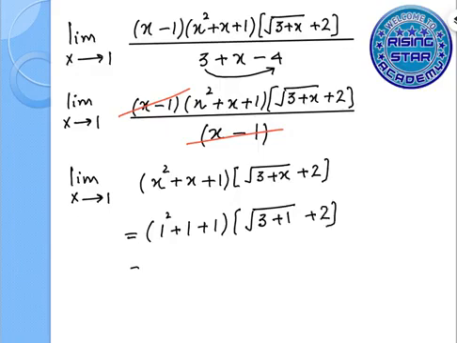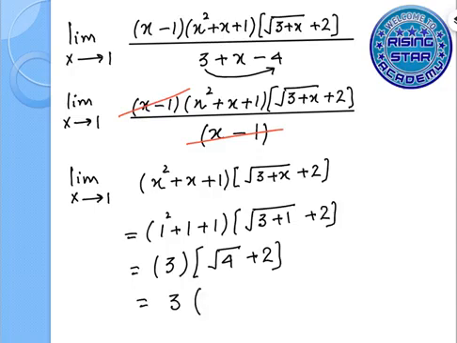So all the 1's will become 3. So 3 + 1 will become 4. 3 into the square root of 4 would become 2 plus 2. So 3 times 4, the answer will become 12 in that case. Thank you.